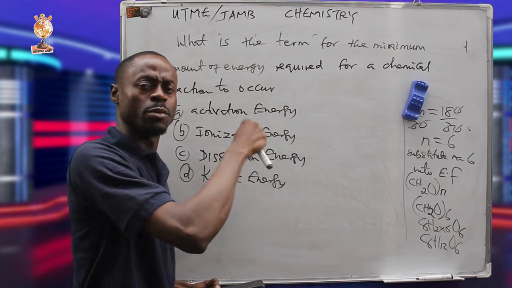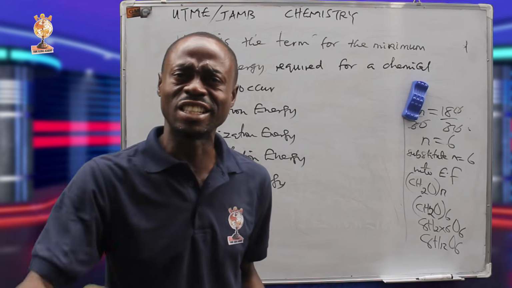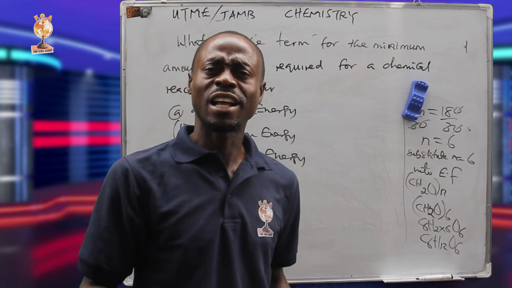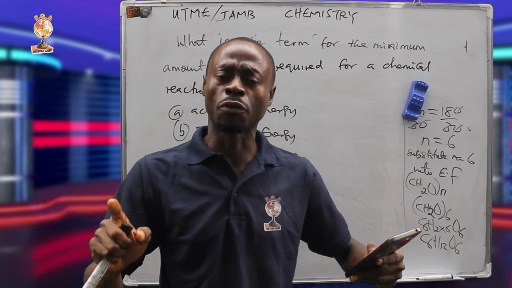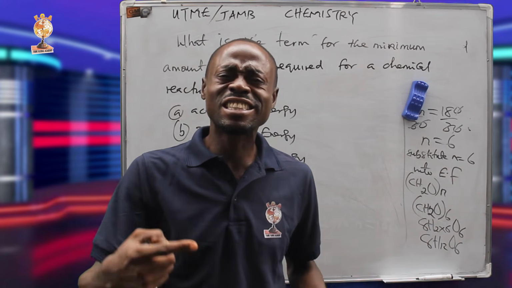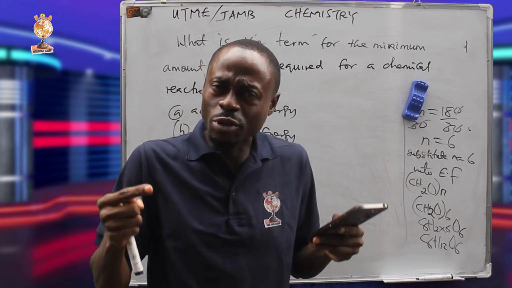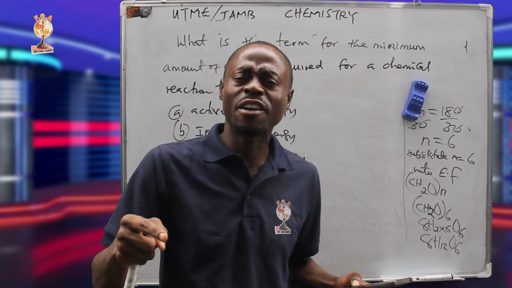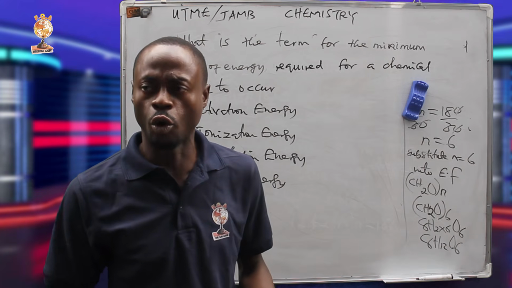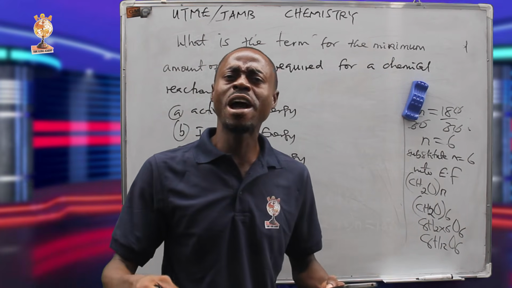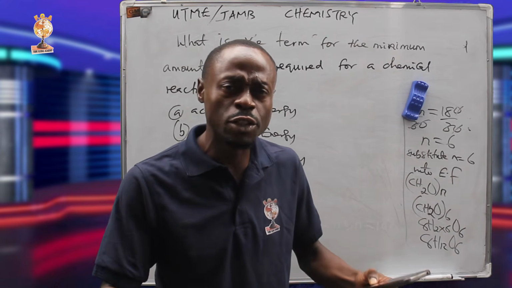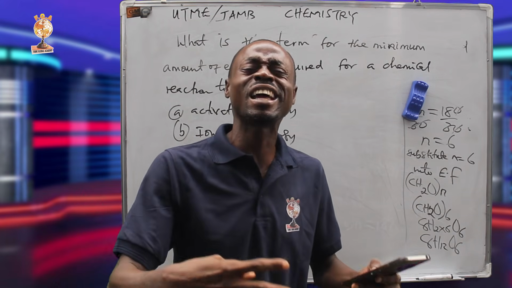Activation energy. The big question now is, what is activation energy? Activation energy is simply the minimum amount of energy that reacting particles must possess for a chemical reaction to occur. When do we say that a chemical reaction has occurred? It's only when reactants have successfully been converted to product.